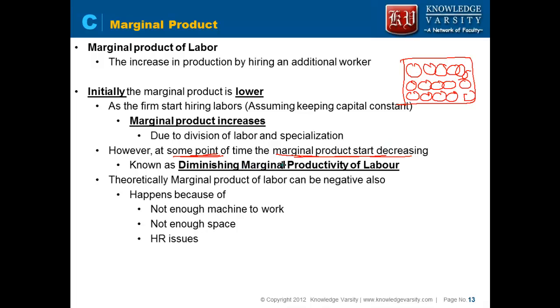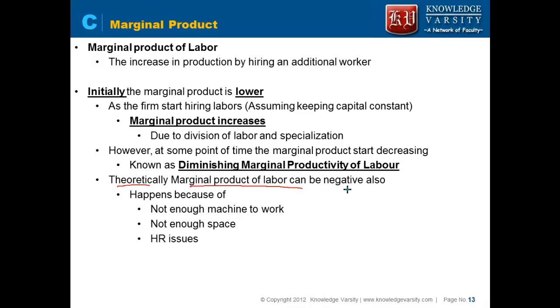This is called the diminishing marginal productivity of labor. Diminishing marginal productivity of labor means that as you hire more and more workers, the additional output will decrease. Please note that theoretically the marginal product of labor can be negative also. That is, you hire an additional worker and total output goes down.